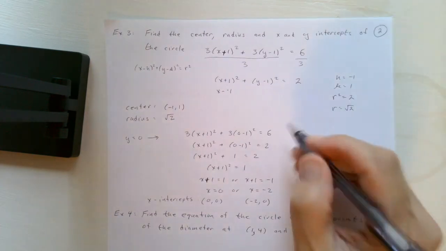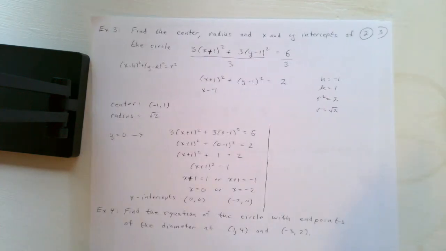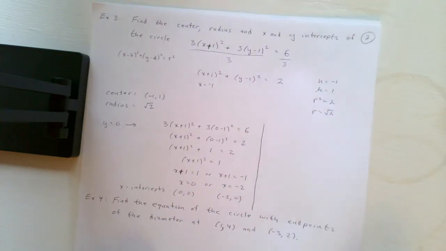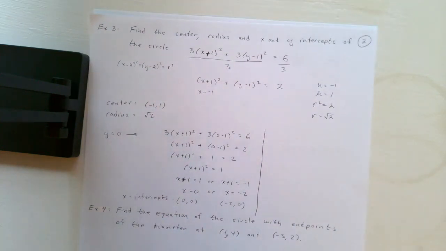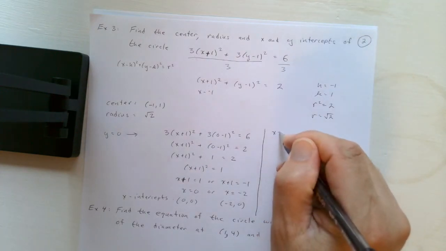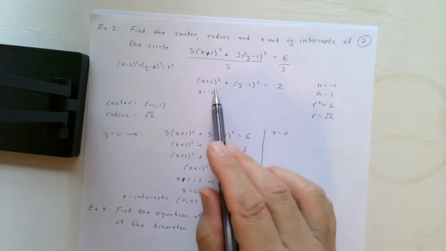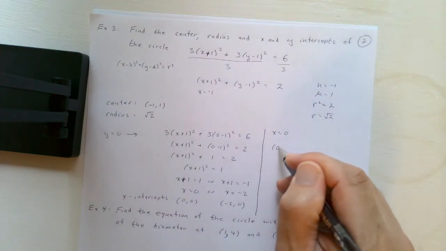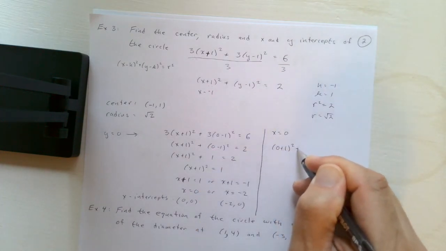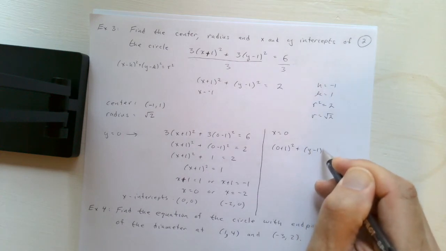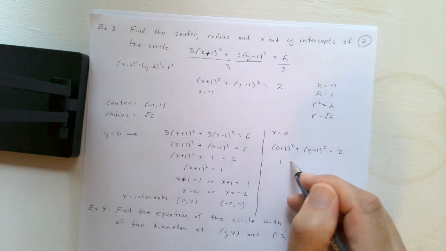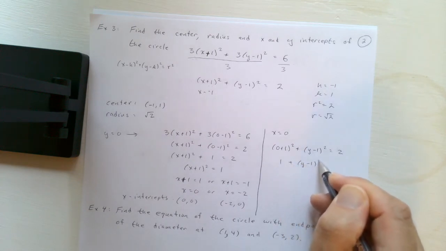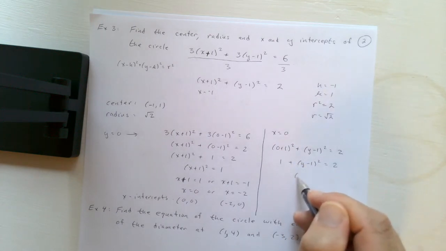All right, and then for the y-intercept, maybe I'll let you work on this for a moment. Pause the video and work this out. You want to set x equals 0 in this case. Okay, so going back right up here, we get (0 plus 1) squared plus (y minus 1) squared equals 2. This will be 1 plus (y minus 1) squared equals 2.